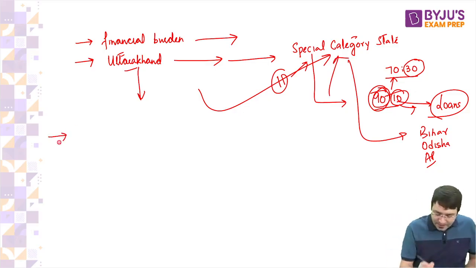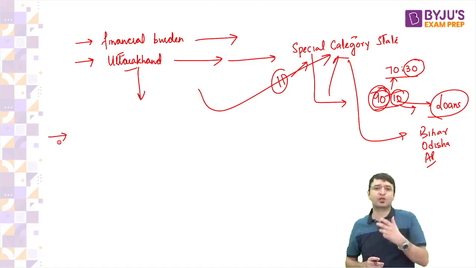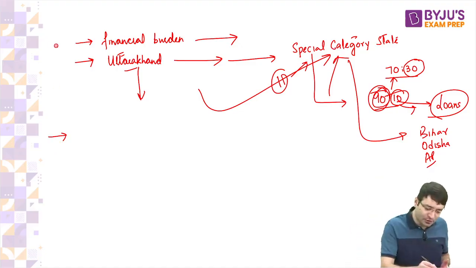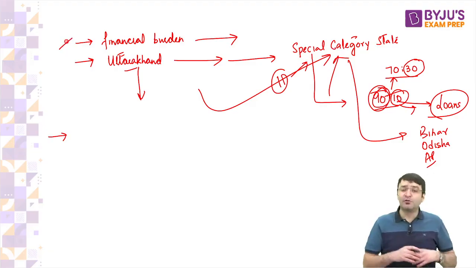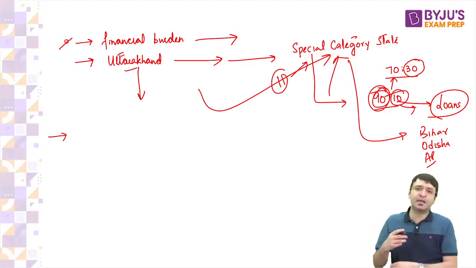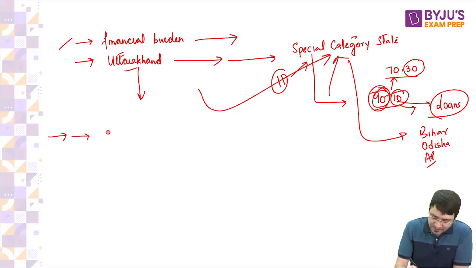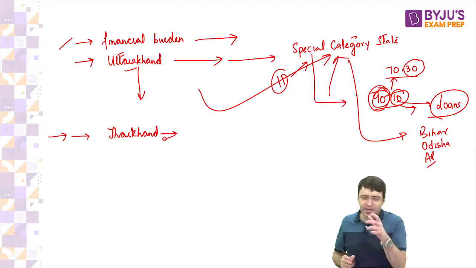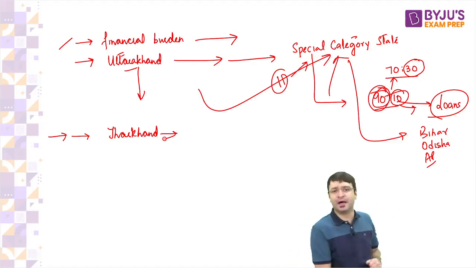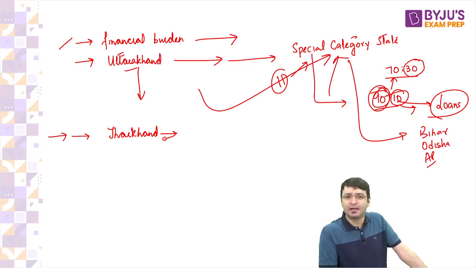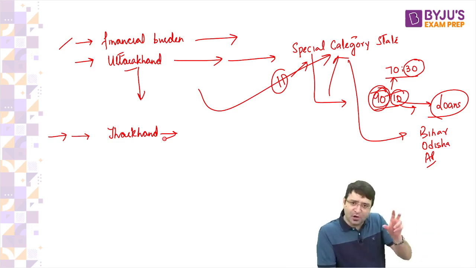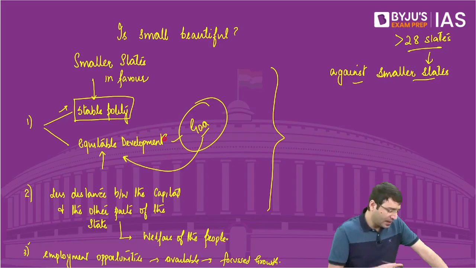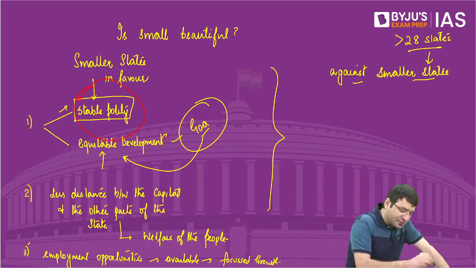Similarly, if we have more and more smaller states, not only is it going to be a financial burden, and not only is it not going to ensure development, but also, Jharkhand's example was cited. Jharkhand is a relatively smaller state which was carved out from Bihar, and Jharkhand is doing better than Bihar. But what is the big condition that we see as an argument in favor of smaller states?